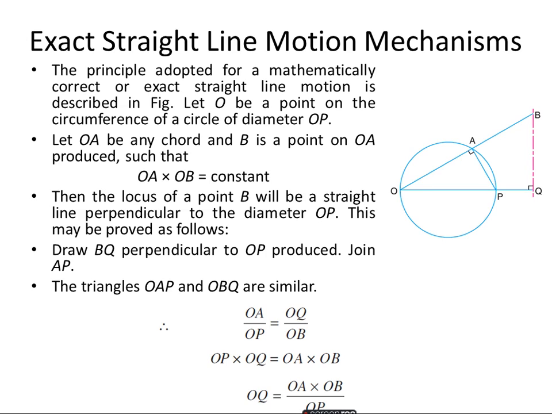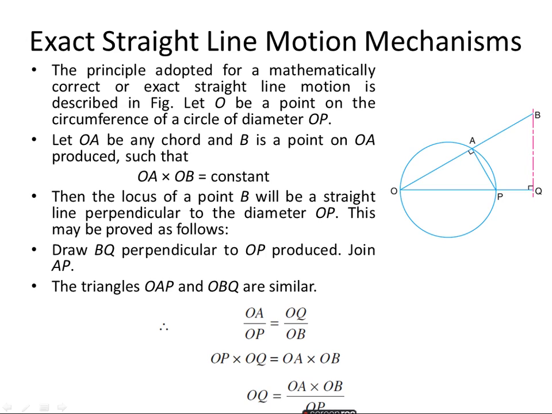Draw BQ perpendicular to OP, and join AP. You will get two triangles: one triangle is OAP, and the other is OBQ.